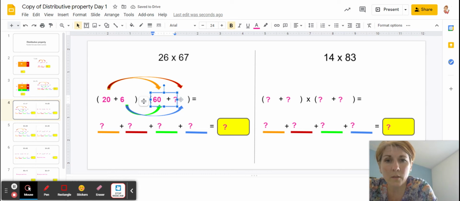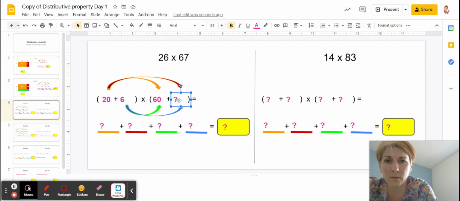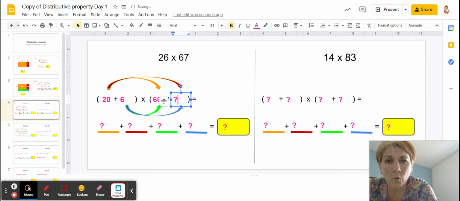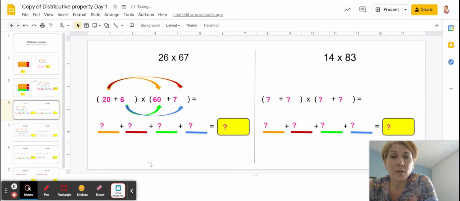So if you notice, there are 4 digits. And when there are 4 digits, I end up with 4 numbers all added together at the end. So that should happen every time.